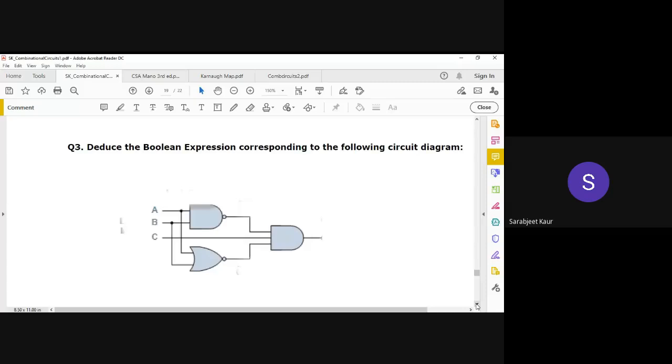So this procedure is formally known as the analysis of a circuit diagram. And how do we do it? It is very easy. Please see. What are we going to see?